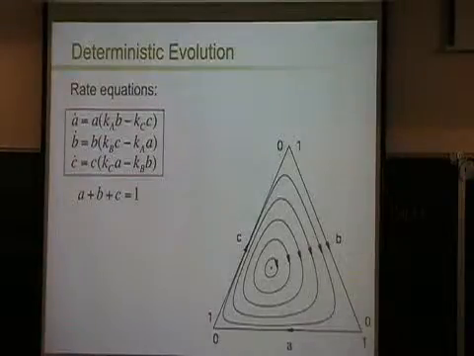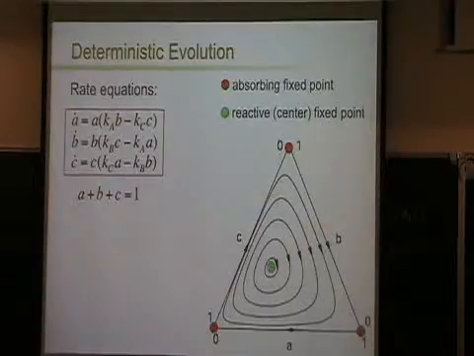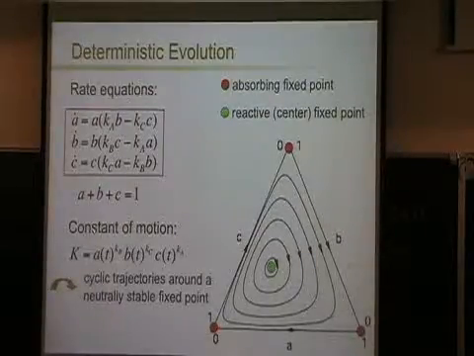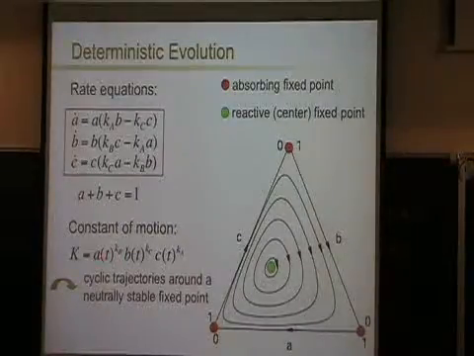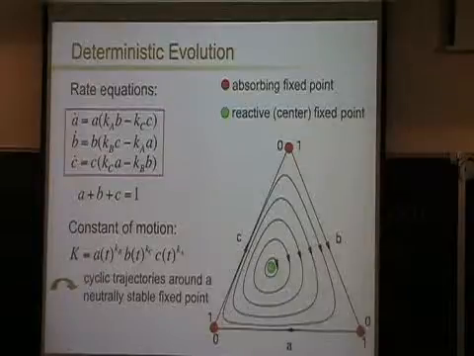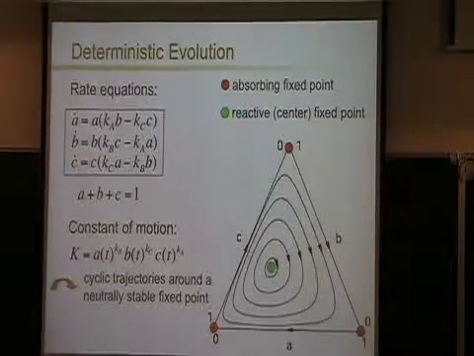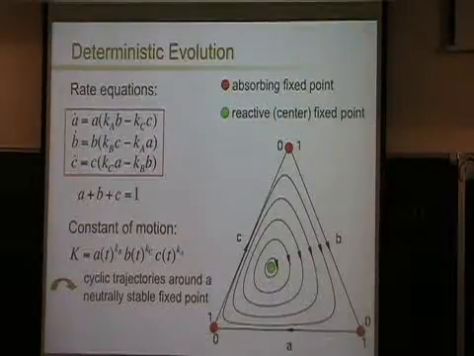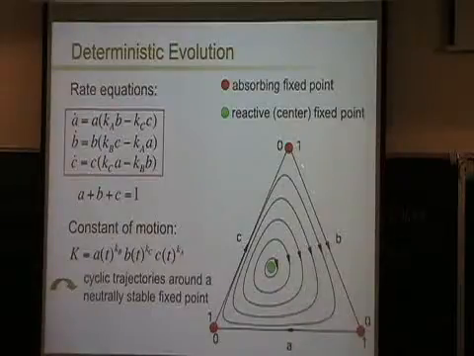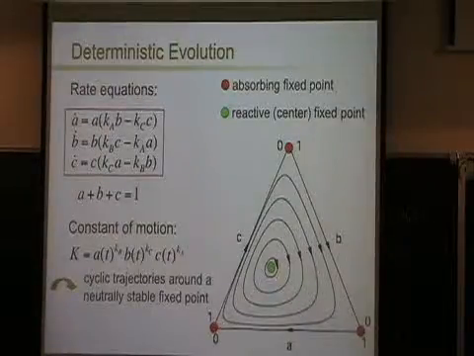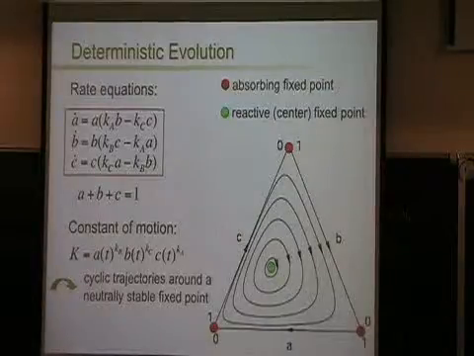You already see circles. The circles have a reason, like in the Lotka-Volterra model. There's a conservation law, and the conservation law here is just the product of the population sizes for A, B, and C, each of them multiplied by the respective rate constants. That's why you have circles. You have three absorbing fixed points, and in the middle you have one reactive center fixed point.